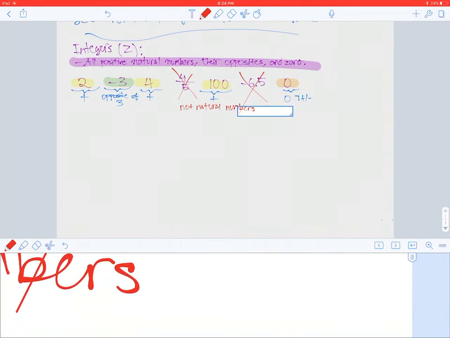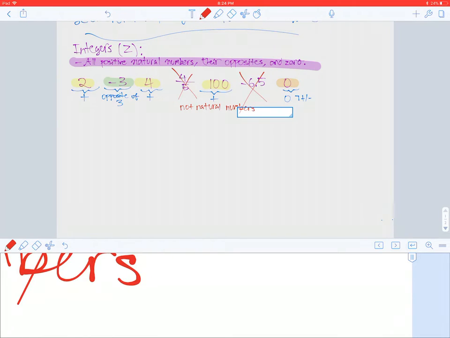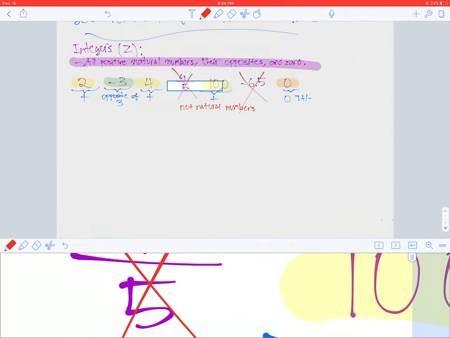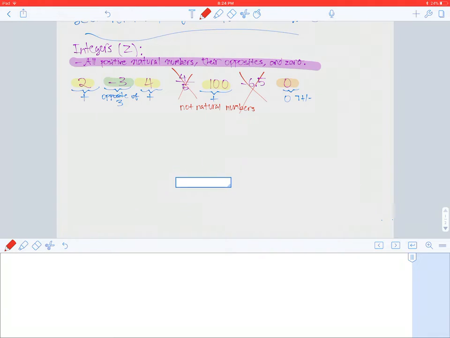When you count, you don't do 1, 2, 3, 4, 5, 6, 6.5. You just go to 7. Same thing with 4/5. You wouldn't go from 0 to 4/5, then to 1. You just go 0, 1. So these are not natural numbers, or the opposite of one. So therefore these are not integers.